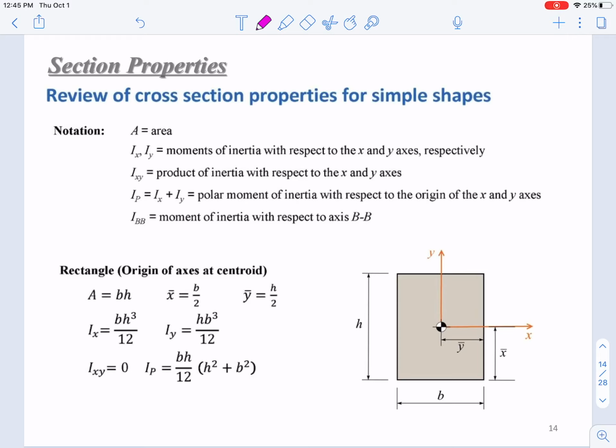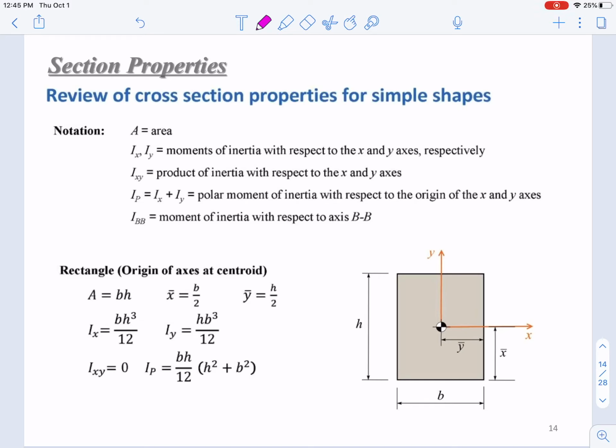And we use Ixy to denote product of inertia with respect to x and y-axis. And polar moment of inertia equals Ix plus Iy. And Ibb denotes moment of inertia with respect to axis bb.